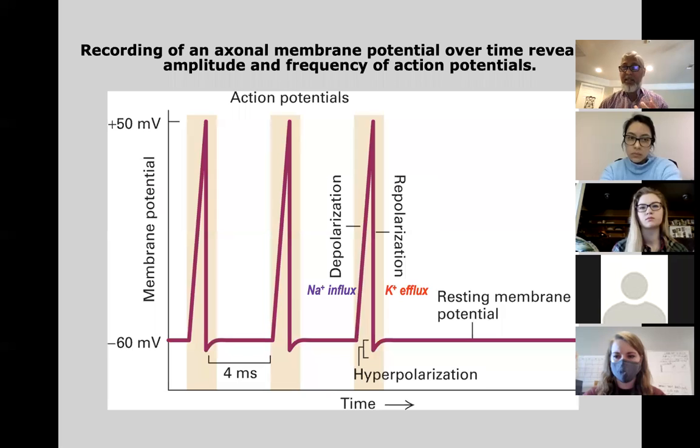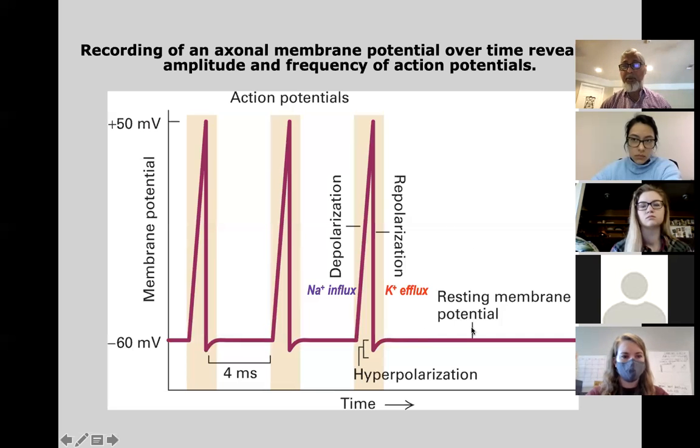If you take a cell in its environment, place an electrode inside the cell and a reference electrode outside the cell, and then measure the voltage across the cell membrane, you will see the inside of the cell is negative compared to the outside. That negative potential inside the cell, when the cell is not stimulated, we call the resting membrane potential.